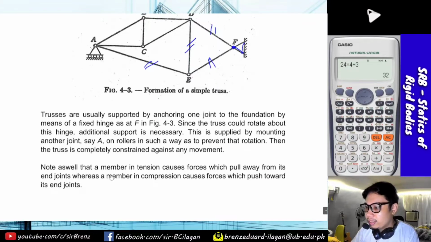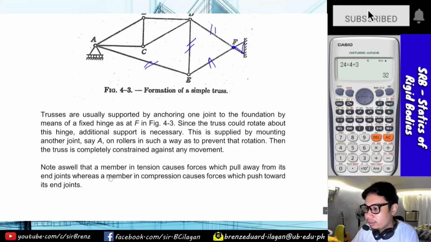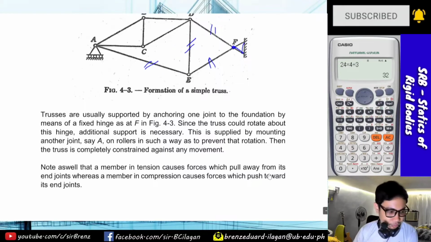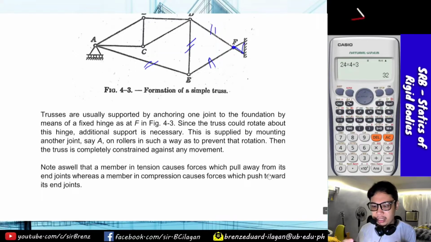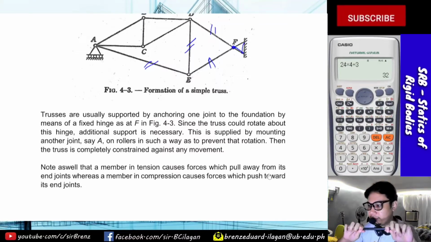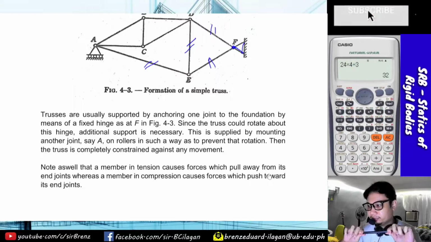So note as well that a member in tension causes forces which pull away from its end joint, whereas a member in compression causes forces which push towards its end joints. So again, explanation lang naman dyan. Kapag tension, binabanat mo siya.